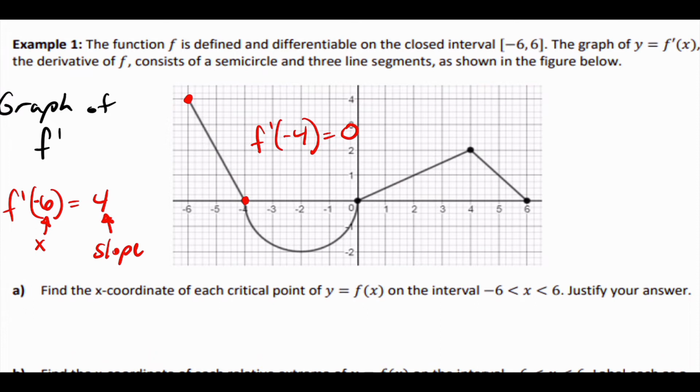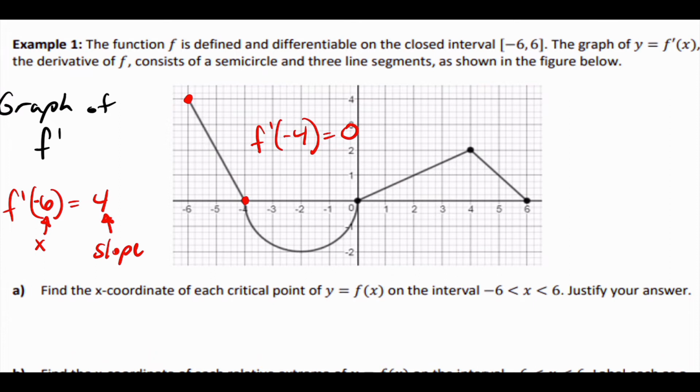Okay, keep going. It's not increasing or decreasing. What else does it tell me? It's not going to have a horizontal asymptote. It's going to be a horizontal tangent line.